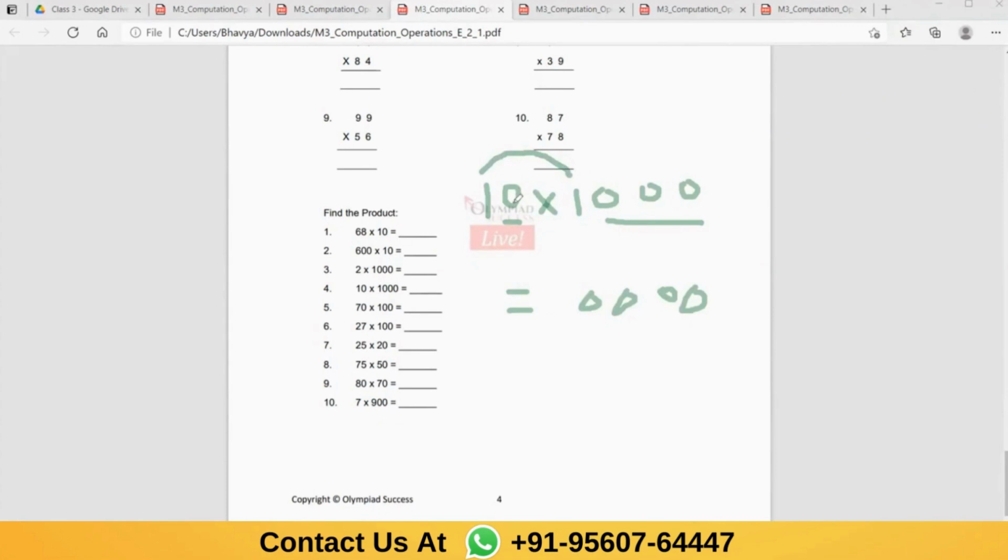Ma'am, in the place value chart, 1000 multiplied by 10 is equal to 10,000. See, in 10 I have 1 zero, and in 1000 I have 3 zeros. So in total I have 4 zeros.